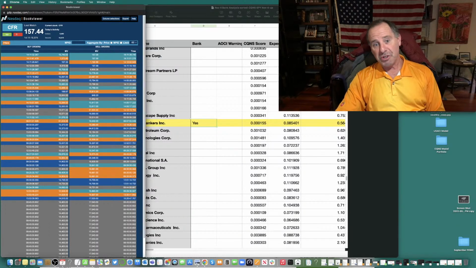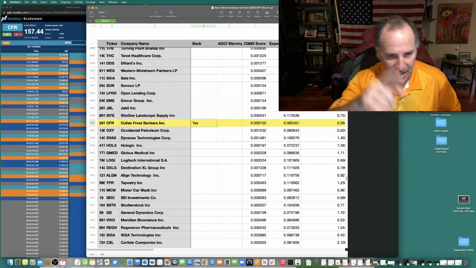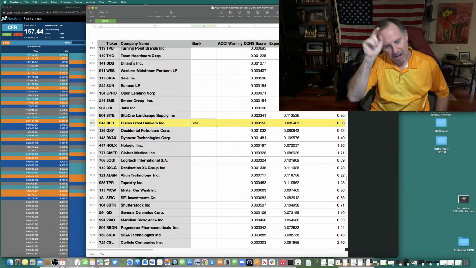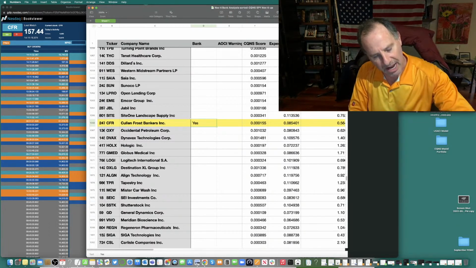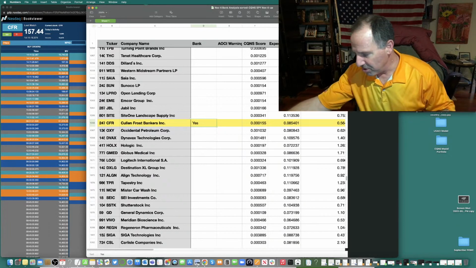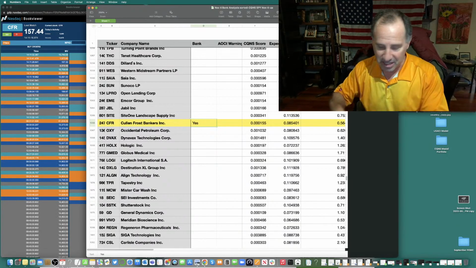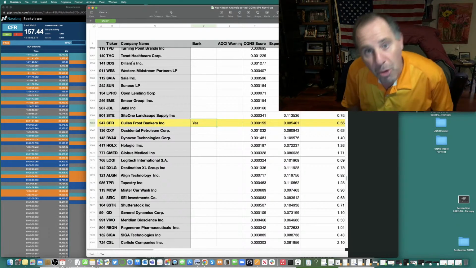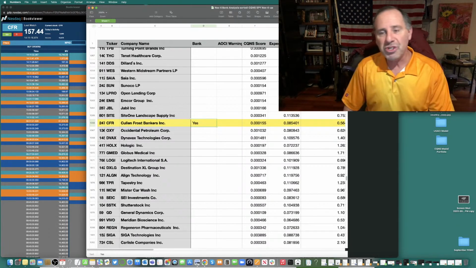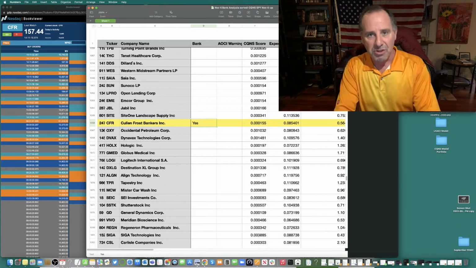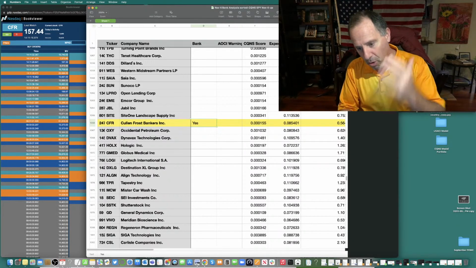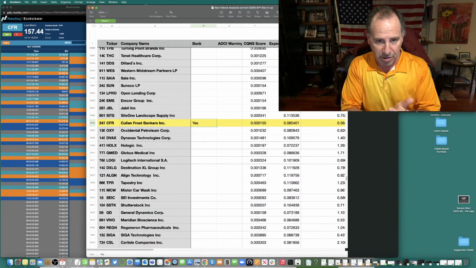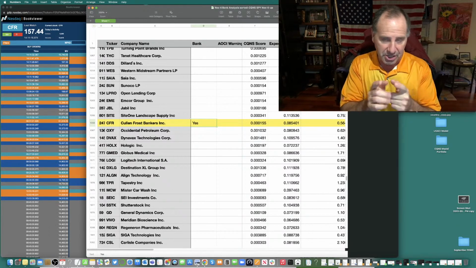All right, so that's the research we're doing. Looking at banks, looking at losses on assets. Now, the good news is Cullen/Frost hasn't lost a single penny and hasn't accounted for a single penny of risk on their loan book. I guess there's no recession in Texas. Now they're doing consumer loans, mortgages, and commercial loans, C&I, and commercial real estate.